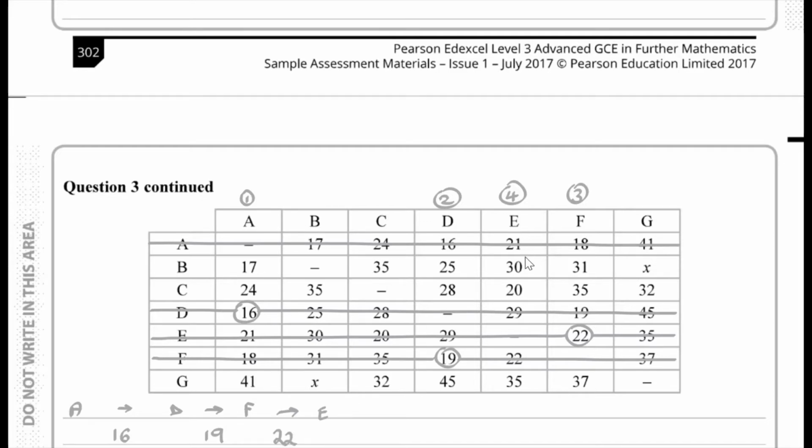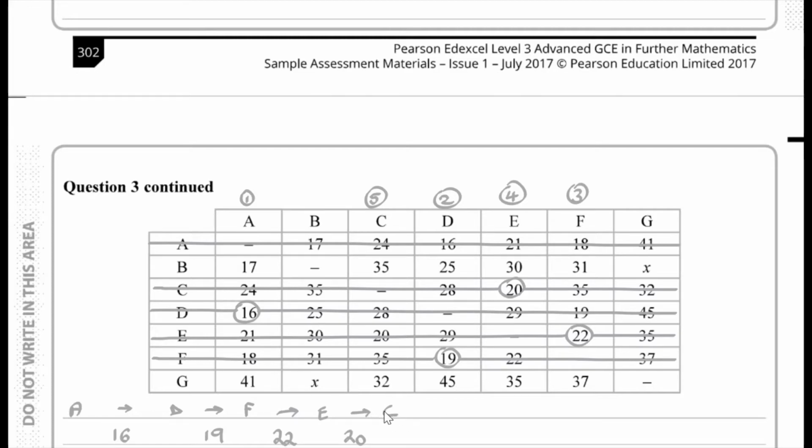And then we look down E. The smallest one is this 20, which corresponds to C. So we'll delete all of this, and we will label C with a number 5. Okay, so we go from E to C, that's 20.